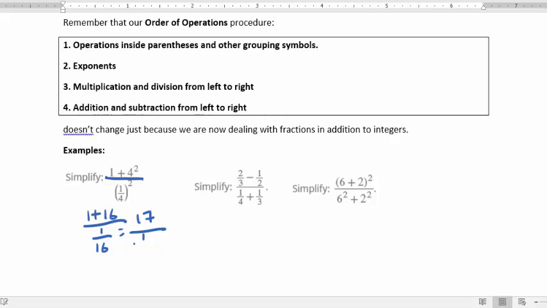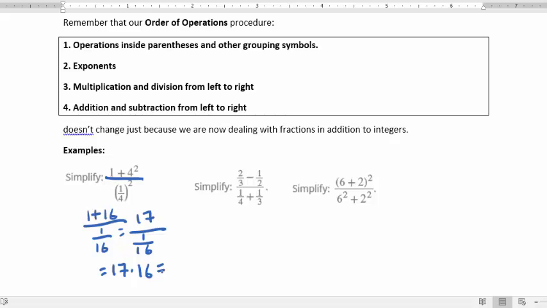over 1/16. But now this is kind of like what we had done at the very beginning with our easier complex fractions, right? This is just like a division problem. So it's 17 divided by 1/16, which is really 17 times 16 over 1. And 17 times 16 actually is a big number.